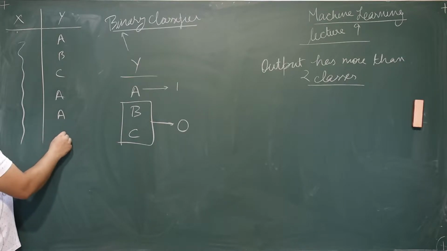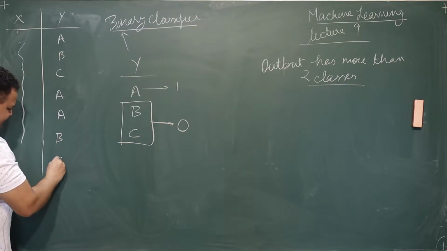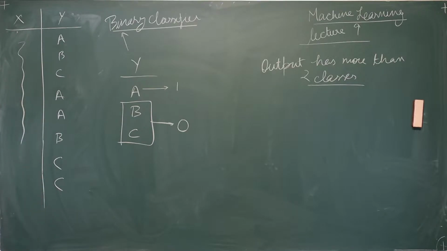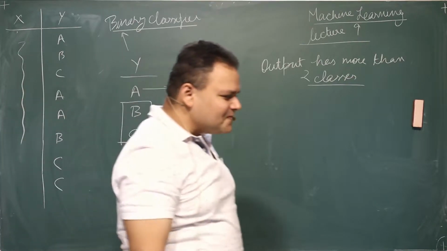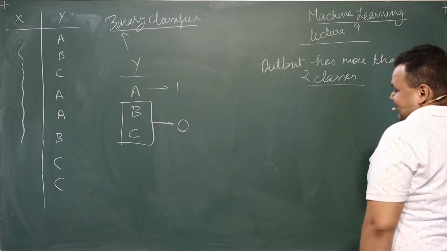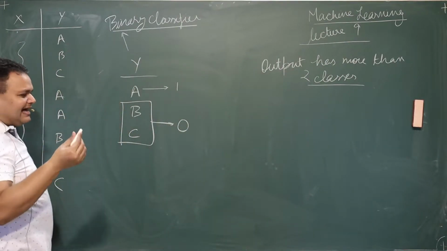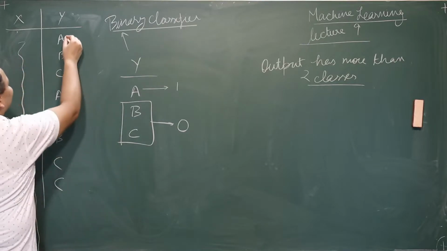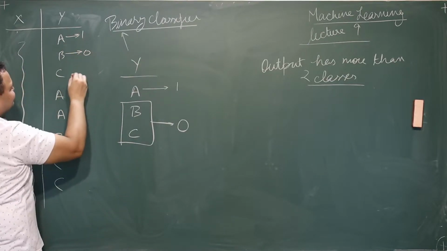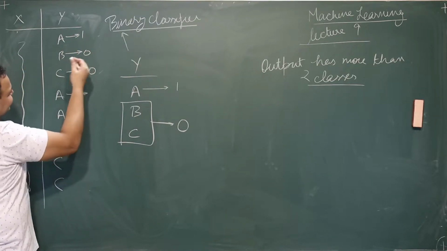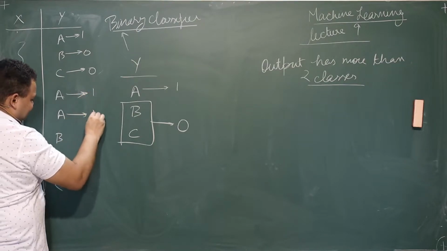So what do you do in the first step? You take A as your 1, and everything else becomes a 0.